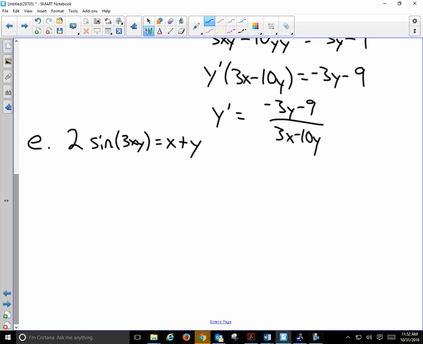Chain rule. Very good. And product. All right, what's the outside? 2 sine of u. What's the inside? 3xy.